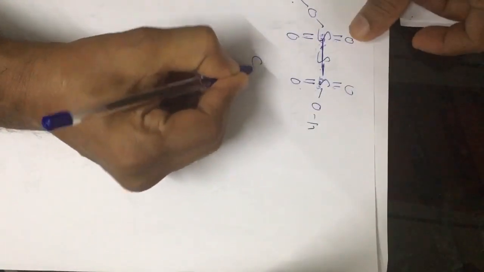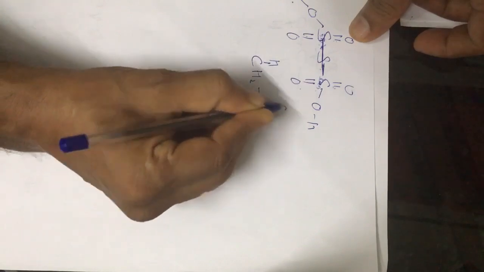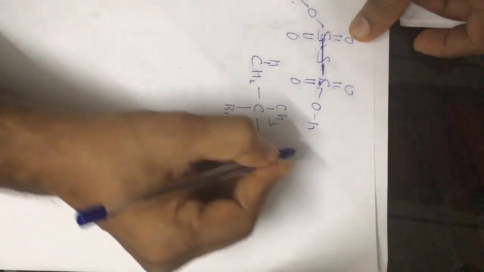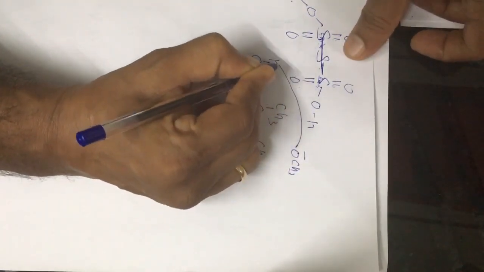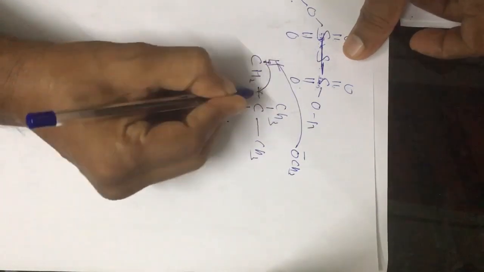Question number 90. If this compound is treated with CH3ONa, obviously it is a tertiary alkyl halide. So say this is CH3, CH3 and Br, and this is OCH3. It removes hydrogen, the beta hydrogen, as H positive, and this electron pair goes here.